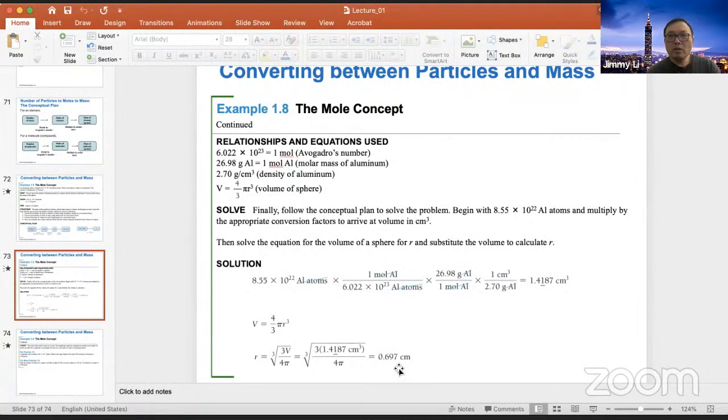And we'll continue on chapter 1 with Dalton's law and talk about the scientific method: observation, hypothesis, law, and theory.